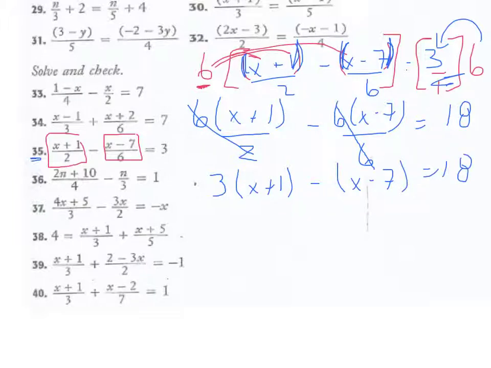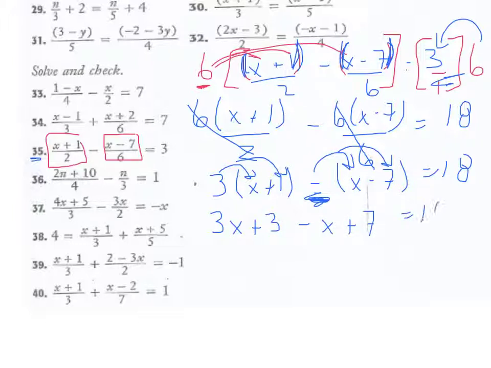Now to get rid of the brackets, I'm going to want to distribute this negative sign in. So that's where it gets a little bit tricky, but we're going to have to do that. We're going to distribute this 3 in to be left with 3x plus 3 minus x plus 7 equals 18.